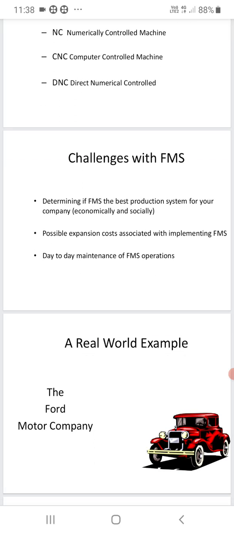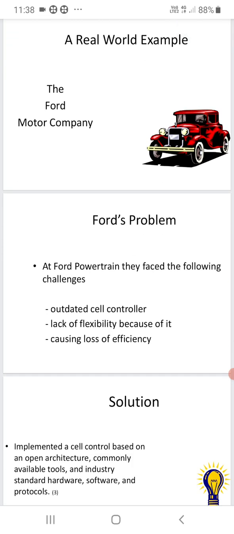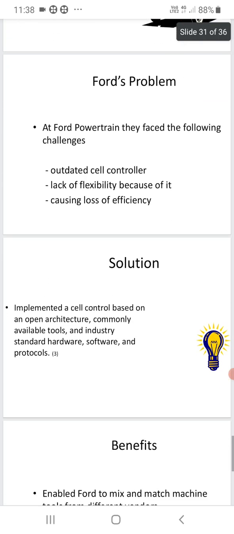A real world example is Ford Motor Company, which is also using it. In power generation, they faced the following challenges: outdated cell controller, lack of flexibility, causing loss of efficiency. As a solution, they implemented software for controlling that. After that, the system was made correct and the benefits were maintained.